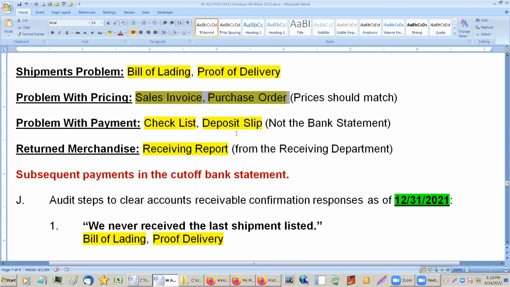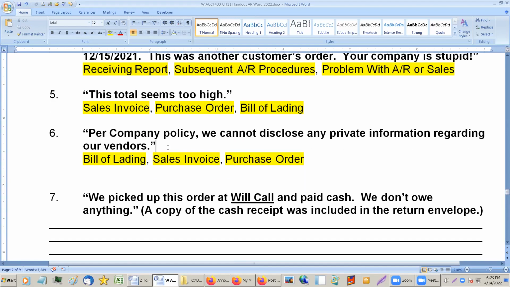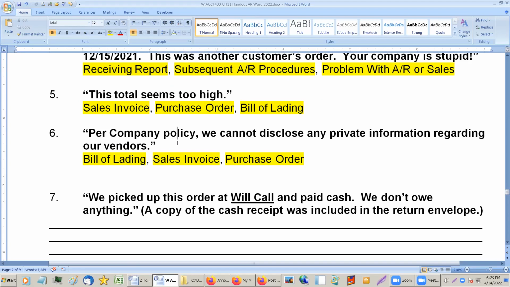International standards say you can just look at the bills of lading and match them up with the sales invoices and the purchase orders, and that's fine. So what we're doing here is really not going around the idea that there are problems with these accounts, but you're just verifying whether they are what they say they are.